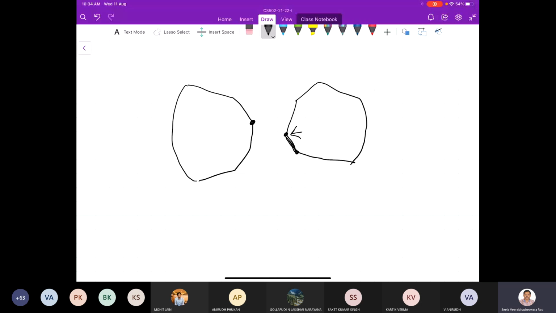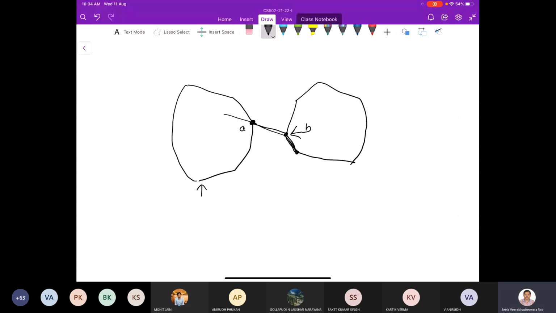We take these two points, say A and B, and check whether this is the upper tangent for the left hull. How can we check whether this is the upper tangent or not?